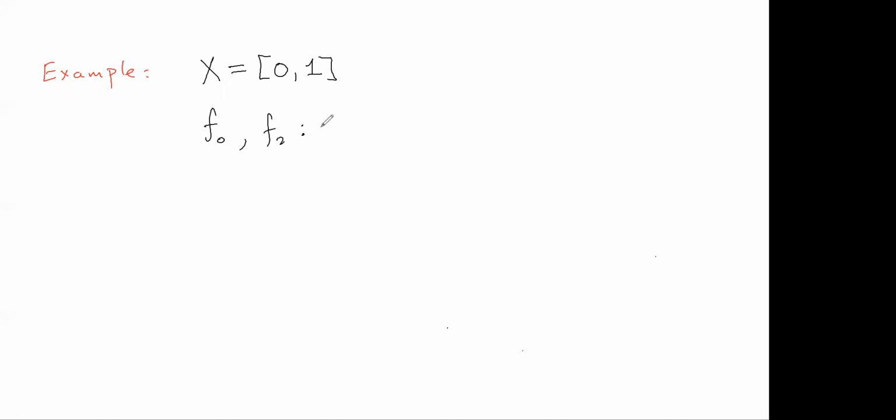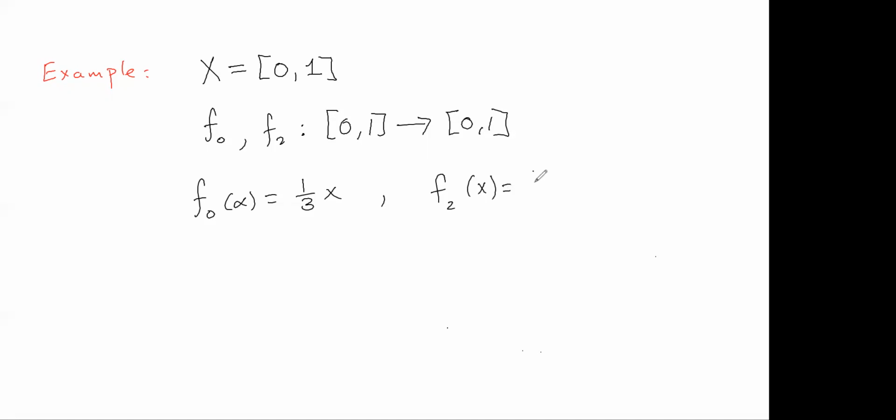You'll see in a second why I'm skipping 1. Both are functions from the interval to itself, defined in this way. So F0 of X will be 1/3 X, and F2 of X is 1/3 X plus 2/3.